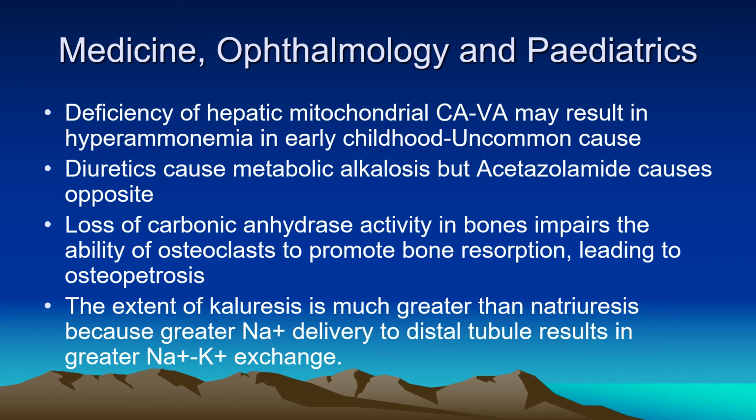The extent of kaliuresis by carbonic anhydrase inhibitors is much greater than natriuresis. This is because the filtered sodium is delivered to the distal tubule to a greater extent, where it gets exchanged with the potassium. So net potassium loss is much more.